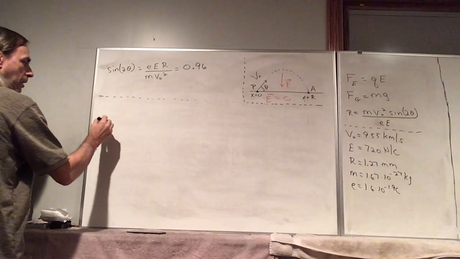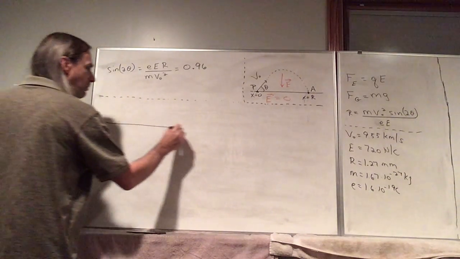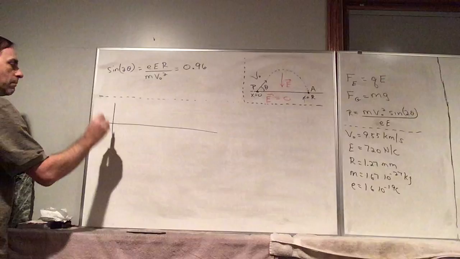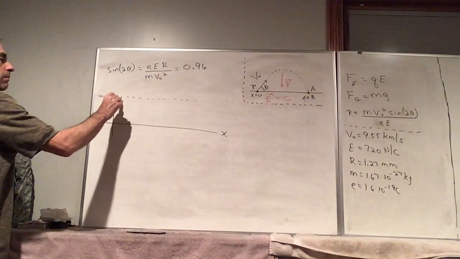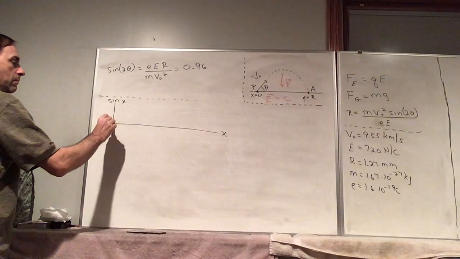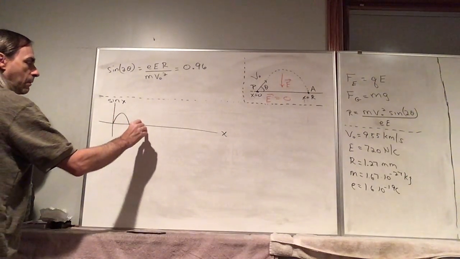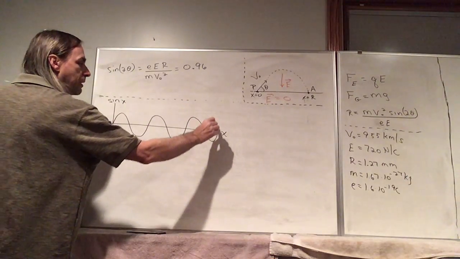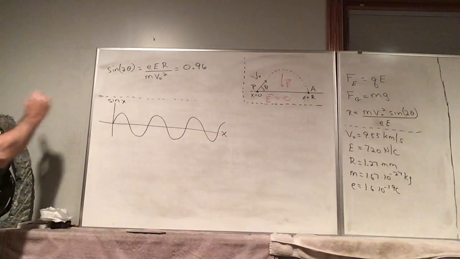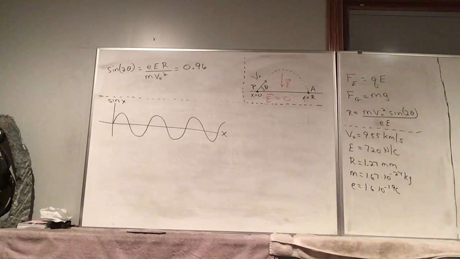And let's just plot x, sine of x. The function looks like this. It just keeps repeating forever. It goes back as well.